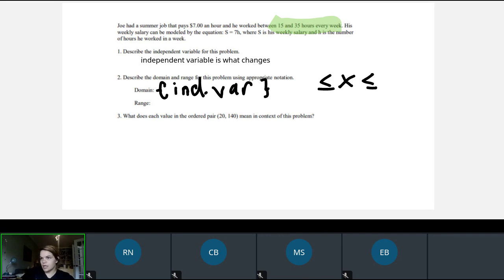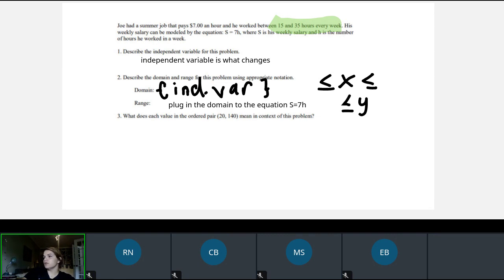To find the range, okay, to find the range, you're going to plug in the domain to the equation, which is S equals 7 times H. Okay, again, your range is going to be written as an inequality.